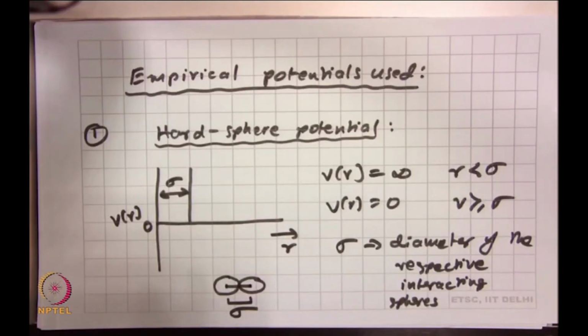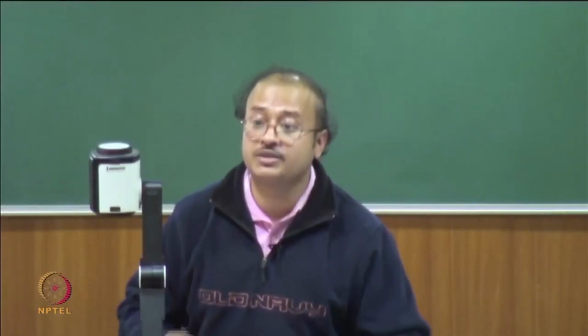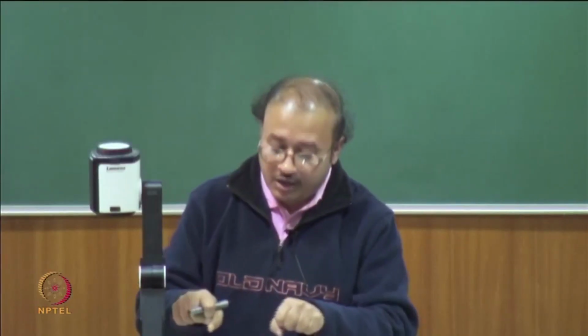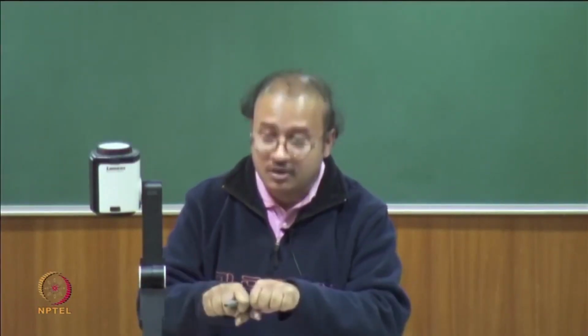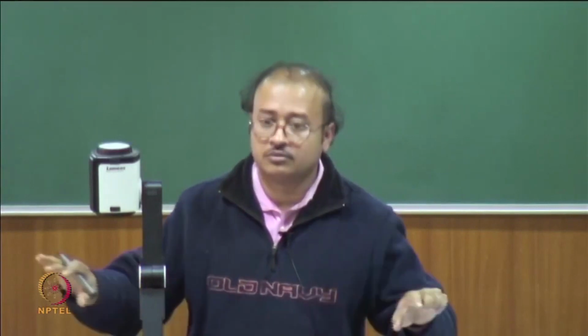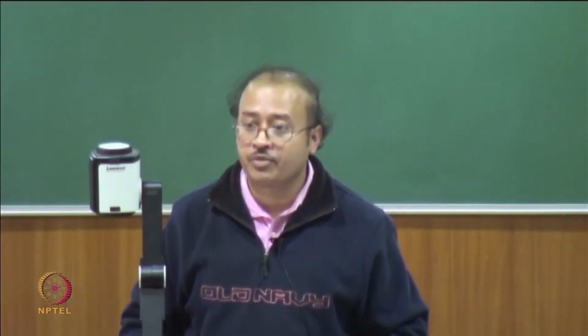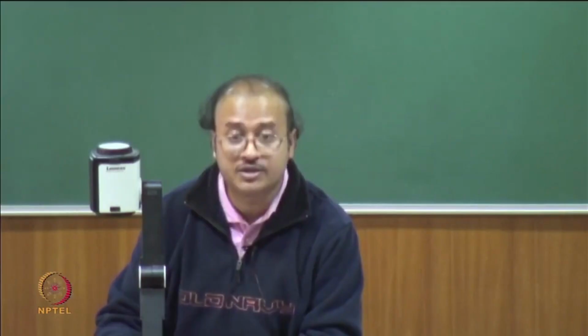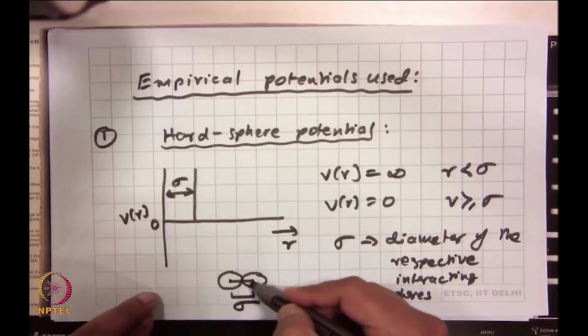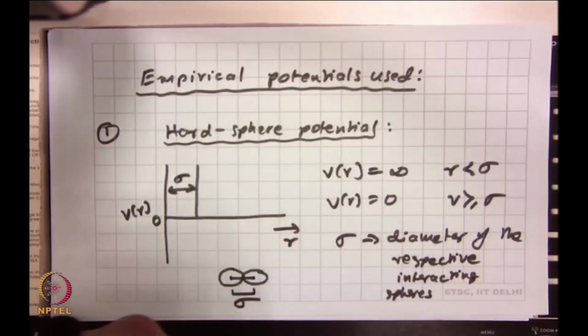Hard sphere means you just cannot squeeze them further. The moment they are in contact, they bounce off elastically and then go away. Hence this sigma refers to this. Because the potential is very high at r less than sigma, they can never encroach that sigma length. That is why the potential shoots up to infinity.